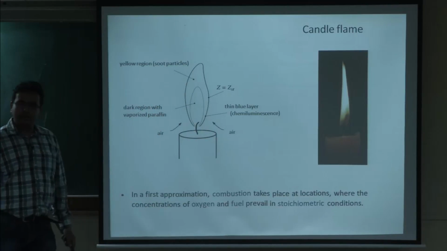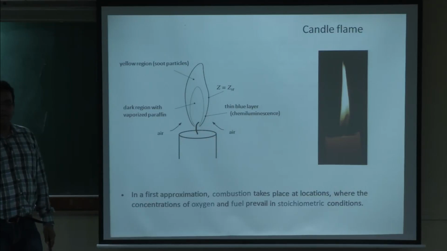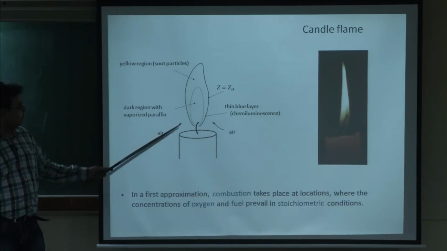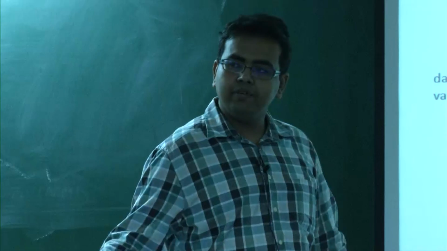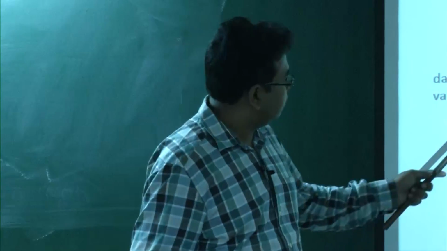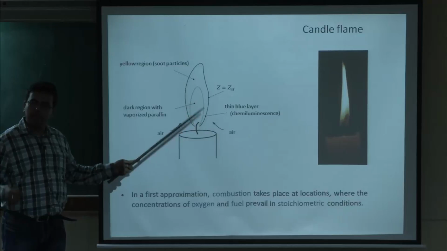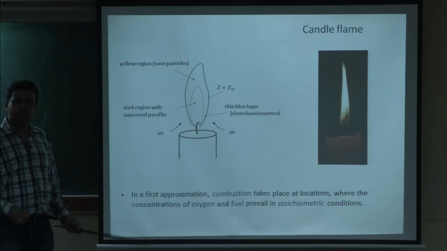Another important aspect of diffusion flames is that they are very sooting, unlike premixed flames. If you operate in lean conditions, you can avoid soot there, but here you have a wide range of equivalence ratios, and where you have more fuel concentration, you can have enough soot production.